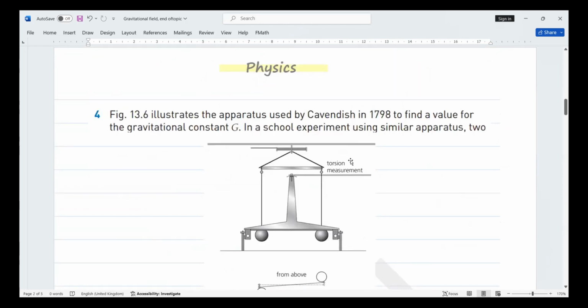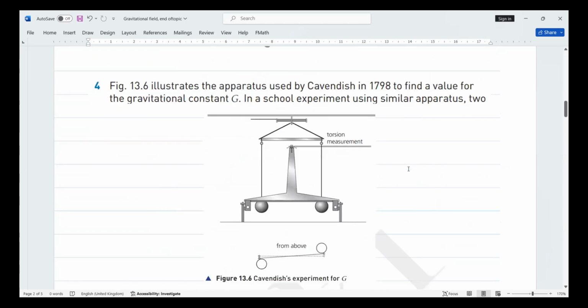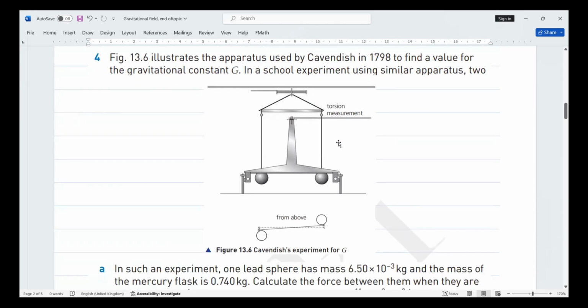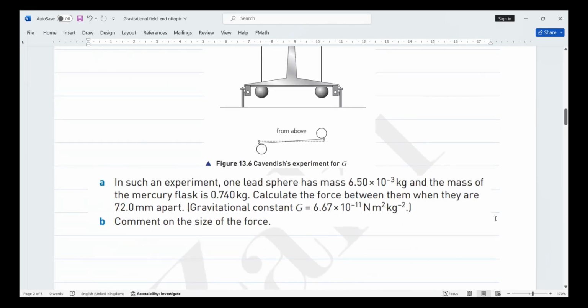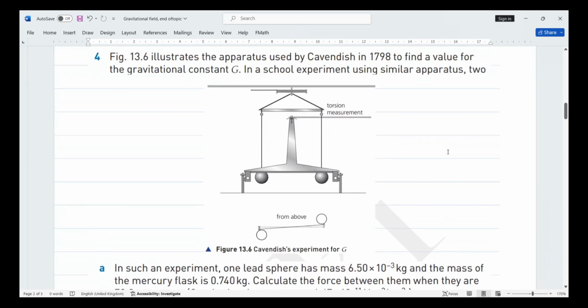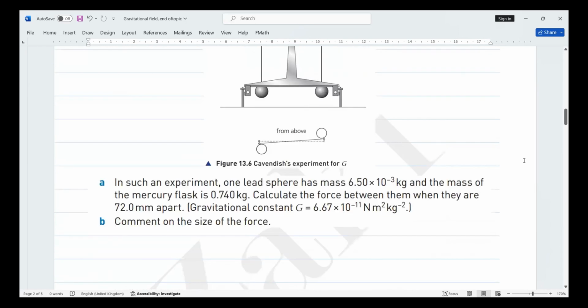Next question is question number 4. The figure illustrates apparatus used to find the value for the gravitational constant G. Now let us see the givens here. In such an experiment, one lead sphere, so now we need to write the given.